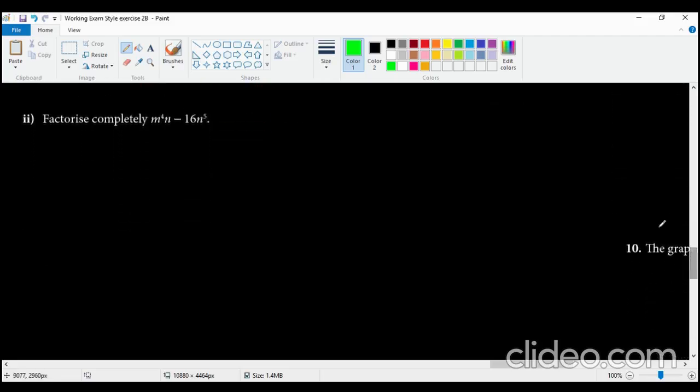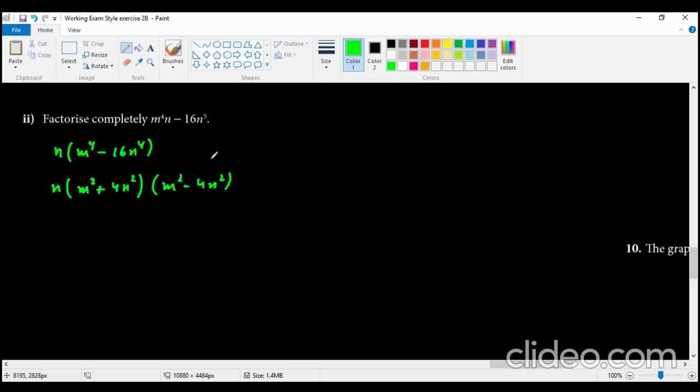Moving on to this one, it says m power 4 minus 16 n power 4. This is the difference of squares. So I can write here m square minus 4n square plus, and once I will write minus 4n square.